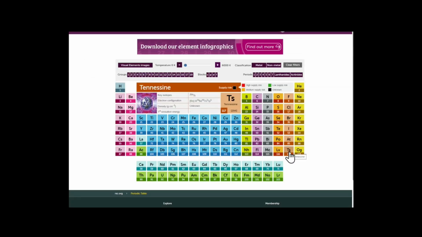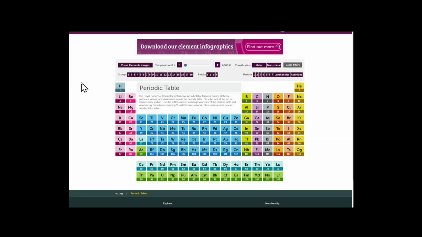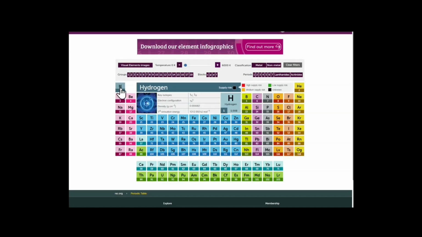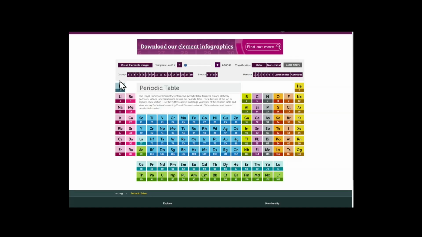By now, you should be familiar with this thing here, the periodic table. This is an interactive periodic table. Again, I'll leave the link. This is the Royal Society of Chemistry. So for each element here, we have hydrogen. All hydrogens have 1 proton, so it's in the first group, the first column here.